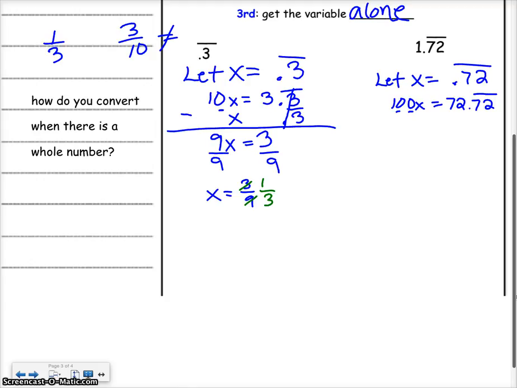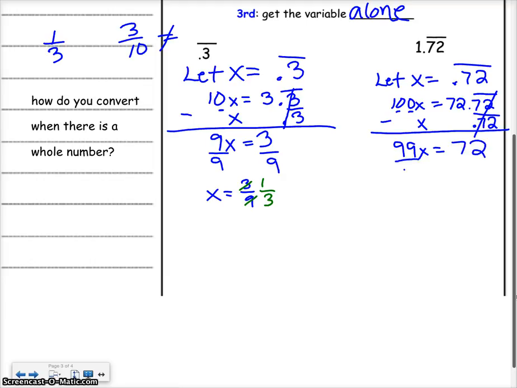Now I want to get rid of the pattern so I can turn it into a fraction. So my pattern is x. I'm going to get rid of 1x, which is the pattern. 100x, take away one of them, is 99x's left. Pattern cancels out, and I'm left with 72.